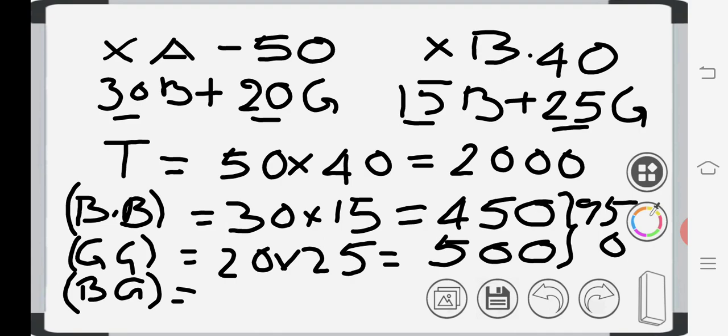That is 2000 minus 950, which is equal to 1050.